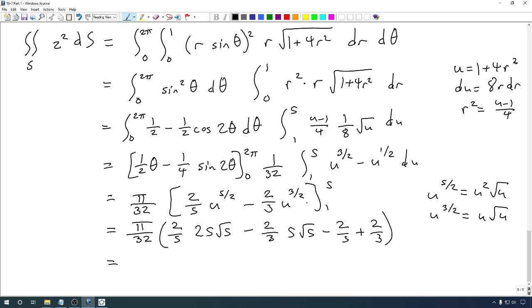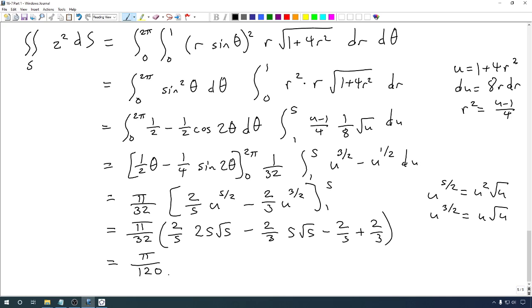And then what I'd like to do here, because this looks really ugly to me, is go ahead and pull out all the denominators. So I'm going to pull out the 5 and the 3. I'm going to also pull out a 2 because everything has a 2 in it. And that does simplify things quite a bit. And it does allow me to combine my two square roots of 5, just combine the like terms there. Ultimately, after a bunch of simplifications, I solve the pi.